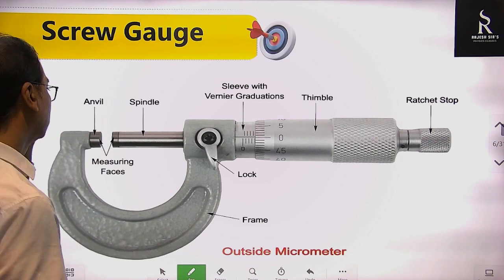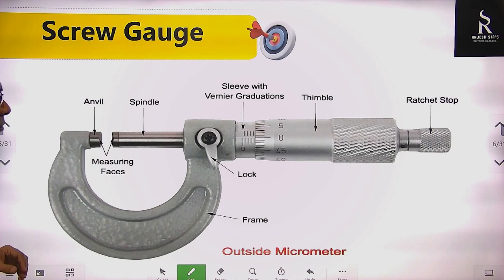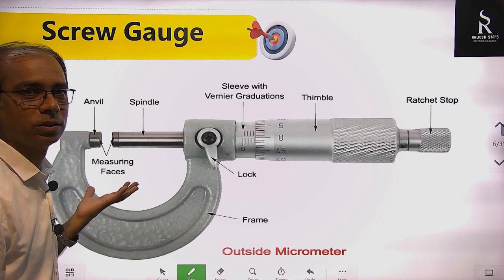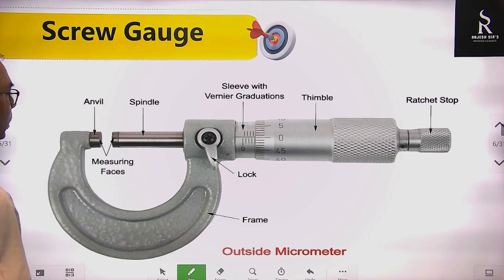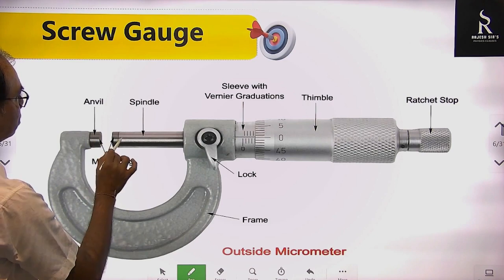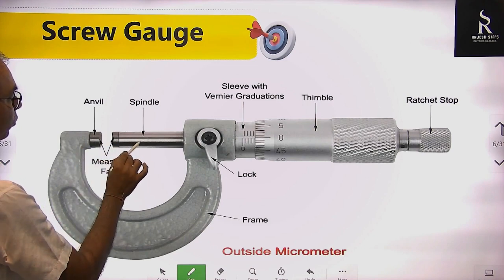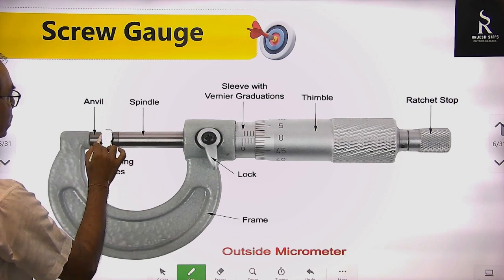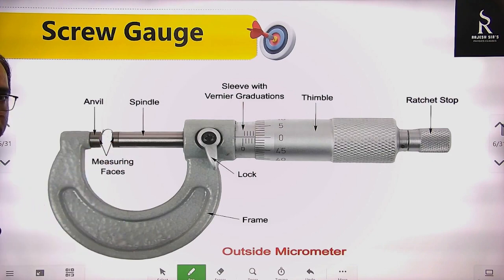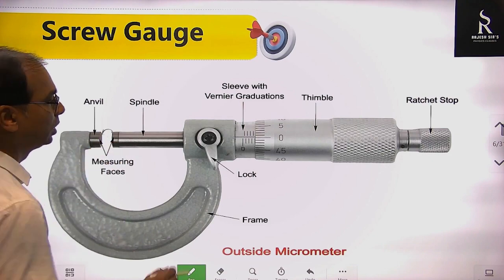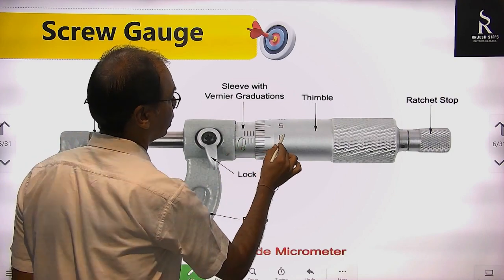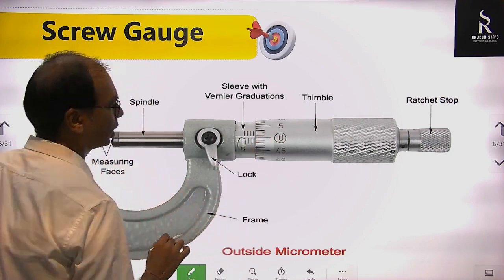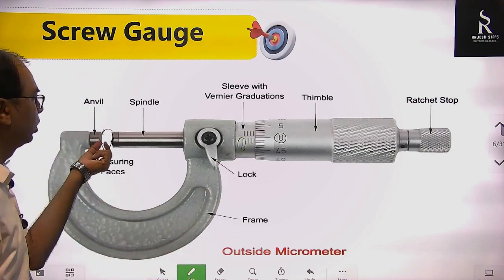Okay. So in this one, the setup you all know. I don't have to tell you what it is. You must have seen it in the lab. So this is the spindle, and this is the anvil. If you are not using it, both have to touch each other. And the 0 of the main scale and the 0 of the circular scale have to coincide when you are not using them.